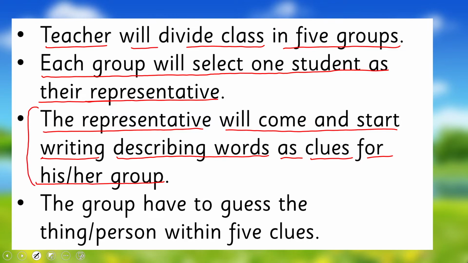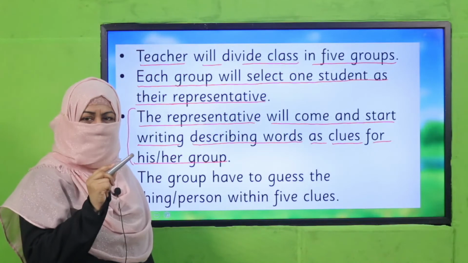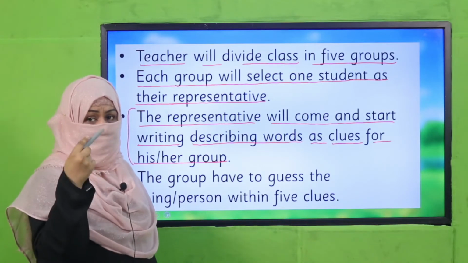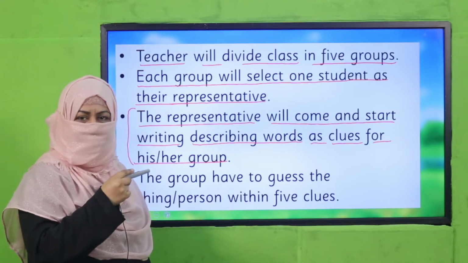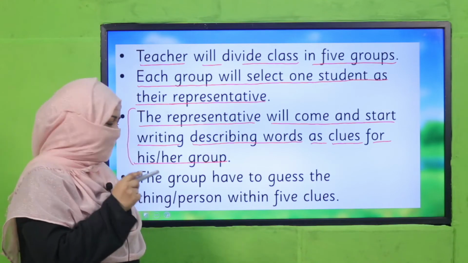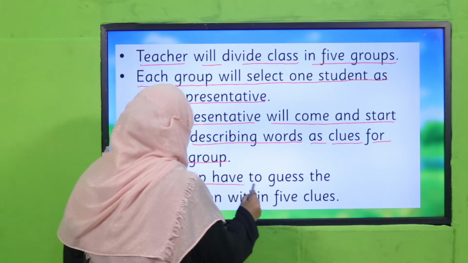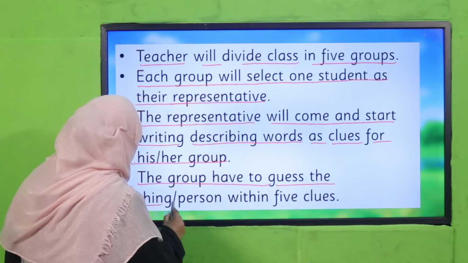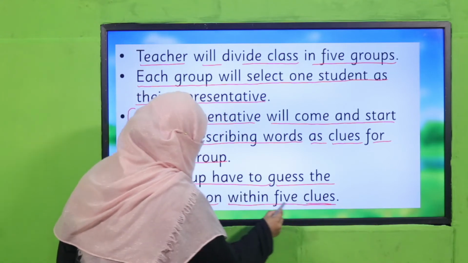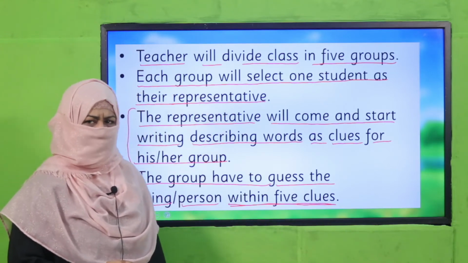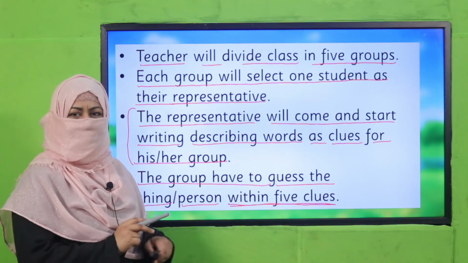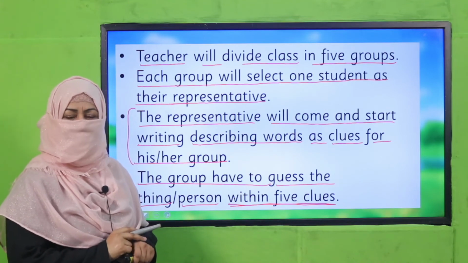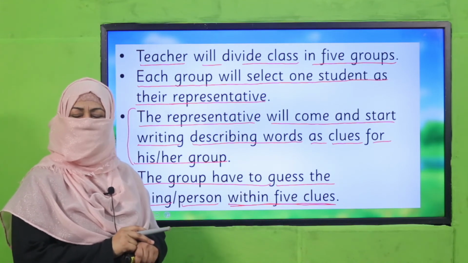Means the representative will think of something and will start giving clues in writing to the group to guess what the thing or the person is, right? The group has to guess the thing or person within just 5 clues. Let's see who wins. Are you clear with the activity instructions? Okay, then pause the video, enjoy this beautiful activity, and then come back.